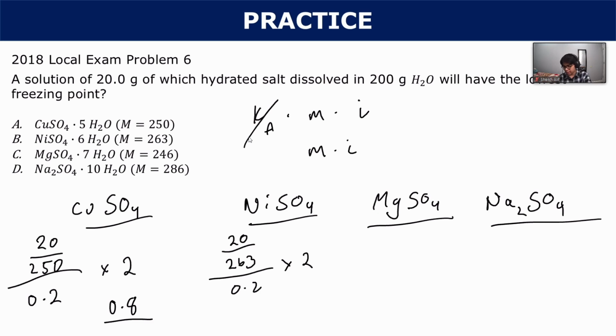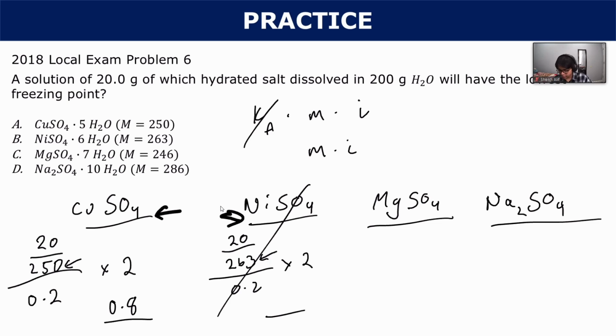But already comparing by the fact that the denominator here is lower than the denominator here, we know that nickel sulfate can't be it, because the only difference between nickel sulfate and copper sulfate is the fact that nickel sulfate is going to have a lower molar mass, and therefore we already know that this number, whatever number we get here, is going to be lower than copper sulfate. So we don't even need to check nickel sulfate.